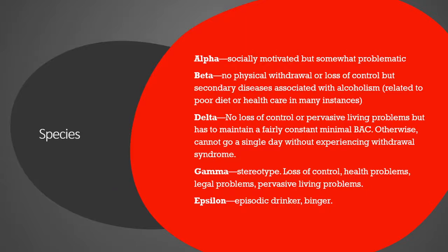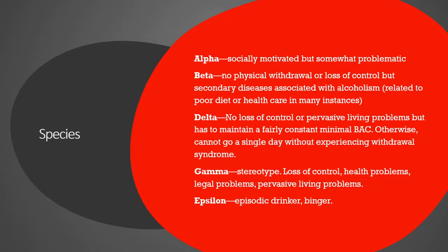Alpha drinkers, alpha alcoholics aren't really alcoholics, and this may not even really be a species, and he recognized that. This may be an alcoholic who's still in the pre-alcoholic phase up here, but he gave it a name. He had to start somewhere, and alpha is the first letter of the Greek alphabet, for A, and is socially motivated, but it's somewhat problematic.